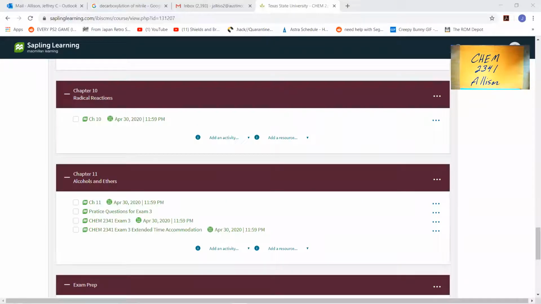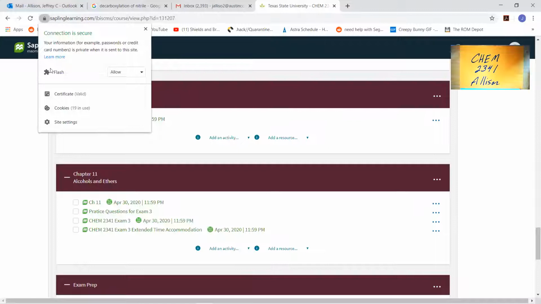Okay, so what you should be seeing now is the Sapling homepage. Over here, if you click on the lock button where you would type in your address, you can see right here it has a Flash plugin. You want to make sure that that is clicked to allowed.